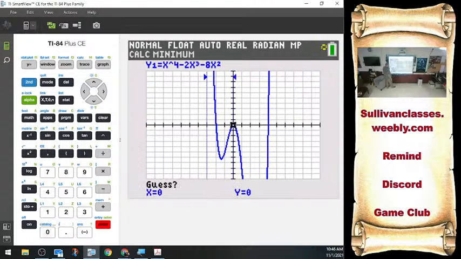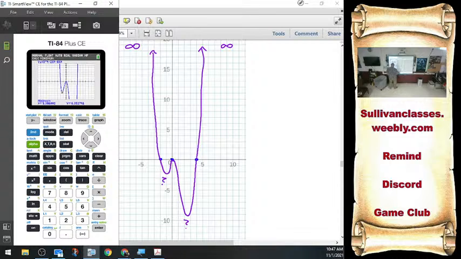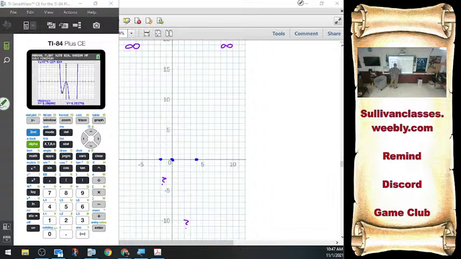Oh. Okay. So I wasn't too far off. At negative 1.3 something, negative 6.3 something. And if I'm going to put this very specific point on here, I'm going to label it approximately negative 1.387.